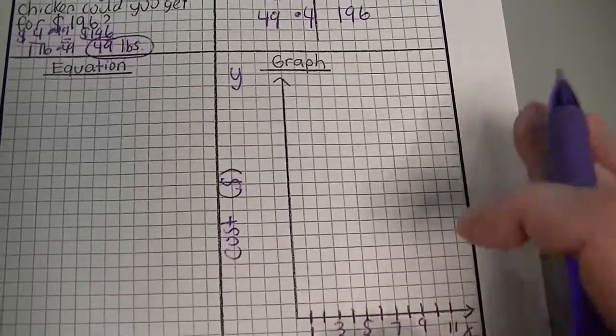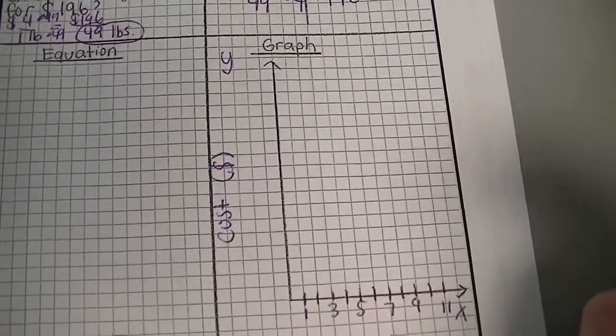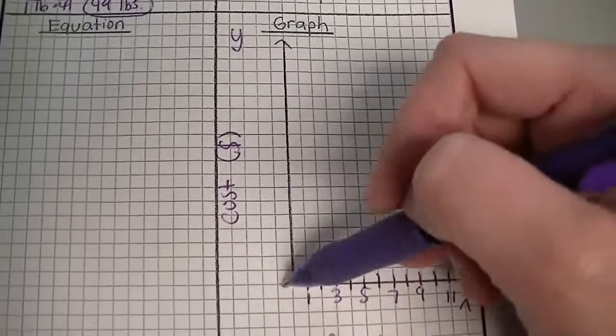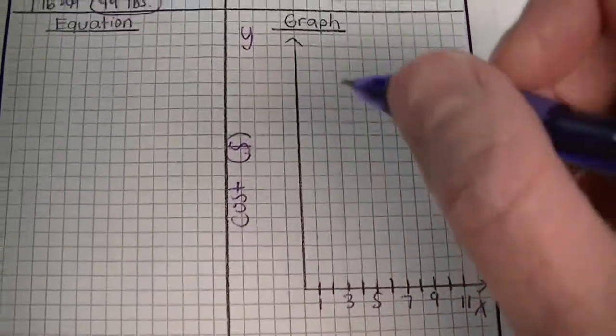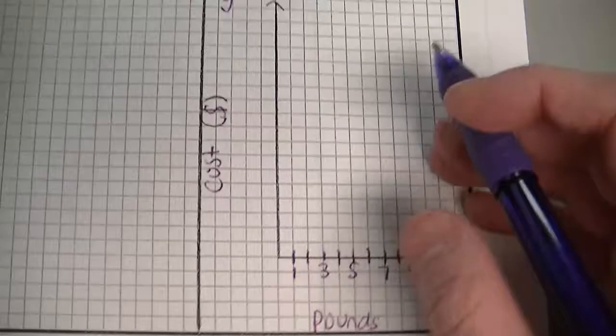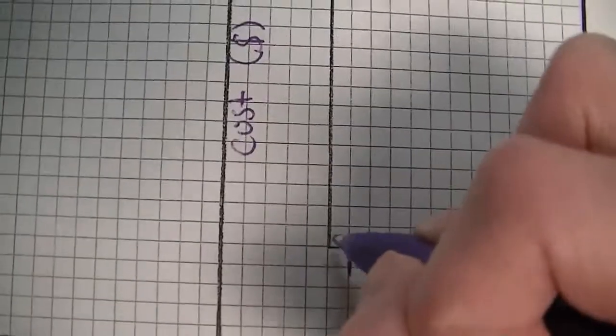For the y-axis, when you're dealing with a proportional relationship, it's easiest to make your intervals count by your unit rate, and our unit rate was 4, so I'm going to count by 4s. So right there, that would be 4.